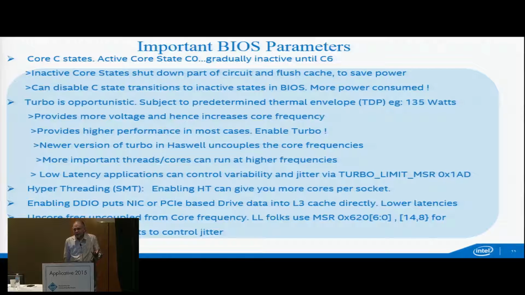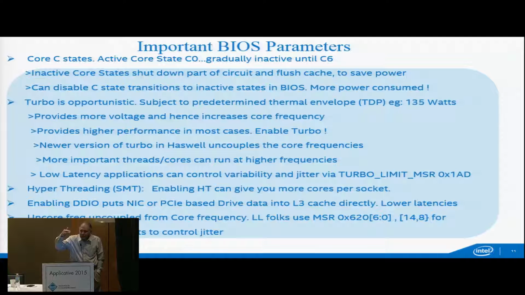If you say 135 watts TDP, that is the envelope under which it is working. So you are going to get as much as you can until you hit 135 watts. Typically, if it's at 2.6 gigahertz, your turbo could take you up to 3.1 gigahertz with all the cores active. But there is going to be that little bit of variability because turbo is opportunistic.